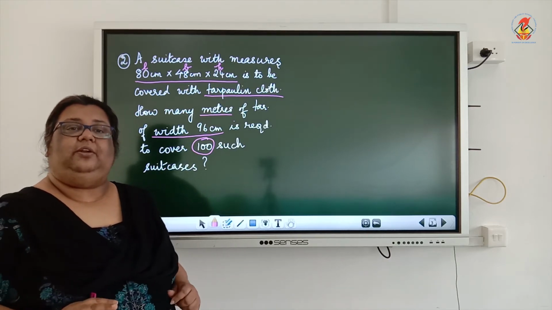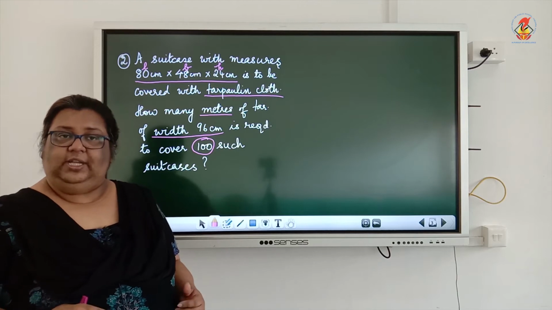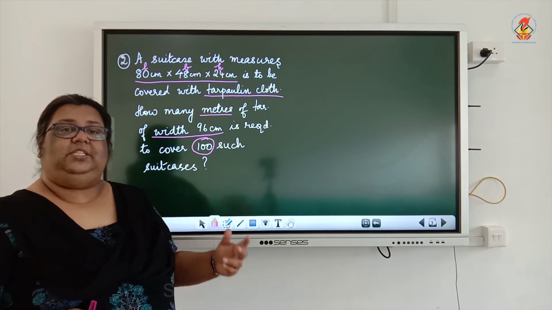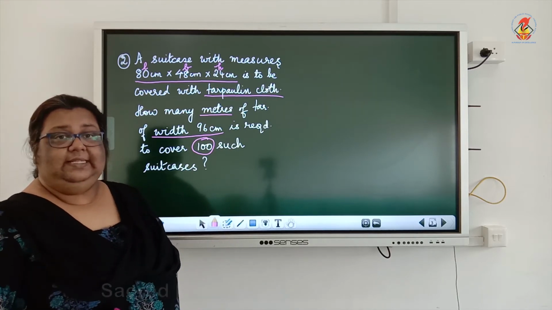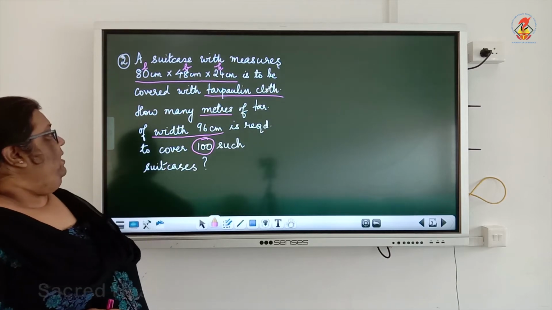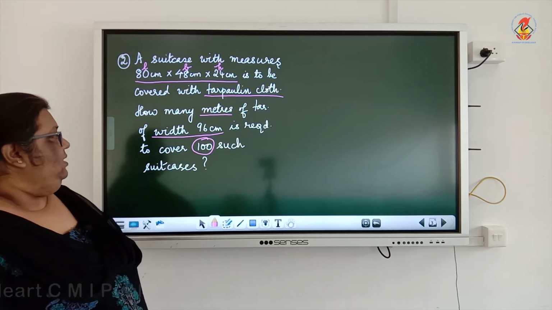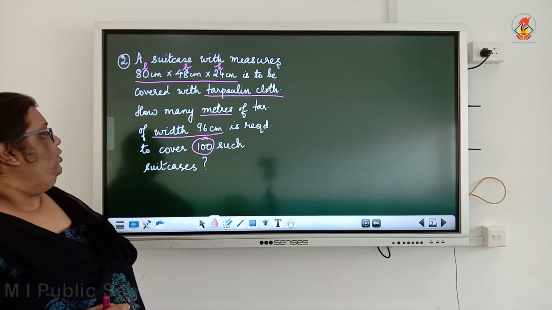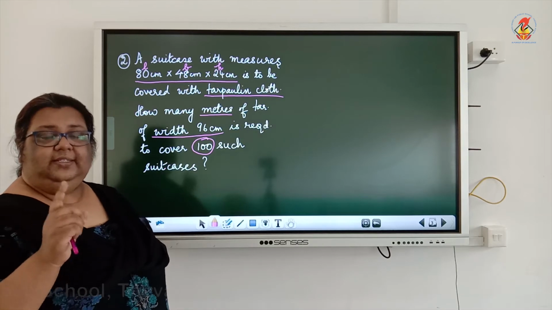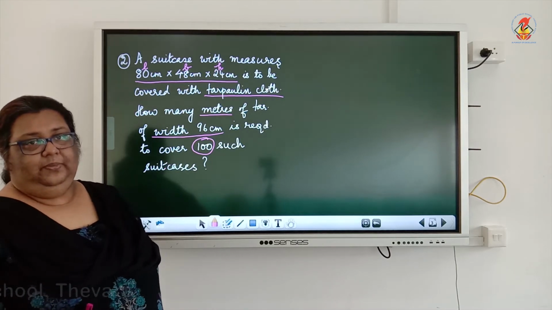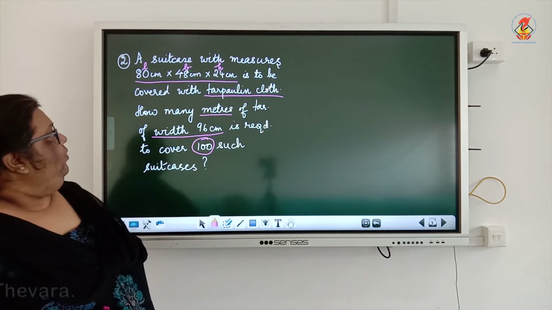The tarpaulin cloth is a rectangular shape. Width of the tarpaulin is given to be 96 centimeter. So how many meters of tarpaulin of width 96 centimeter is required to cover 100 such suitcases. Okay, so is the question somewhat clear to you?